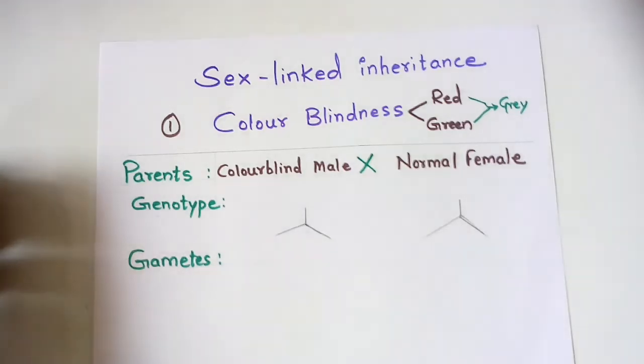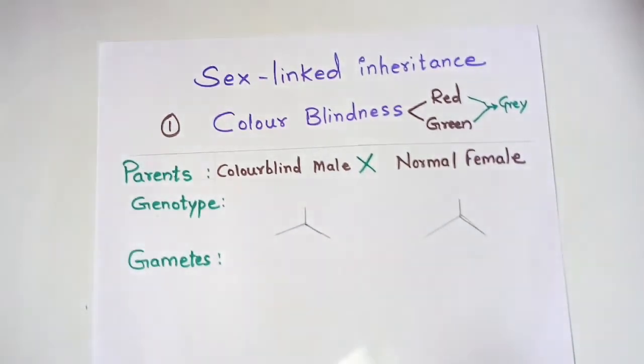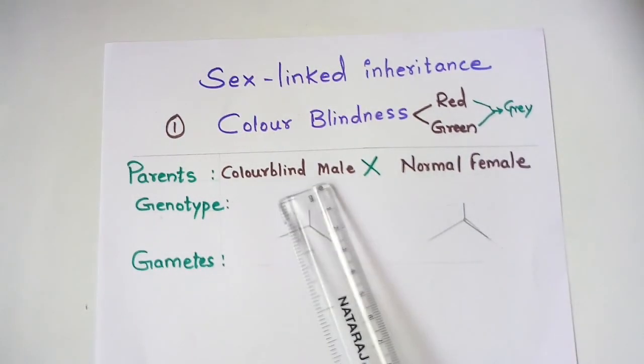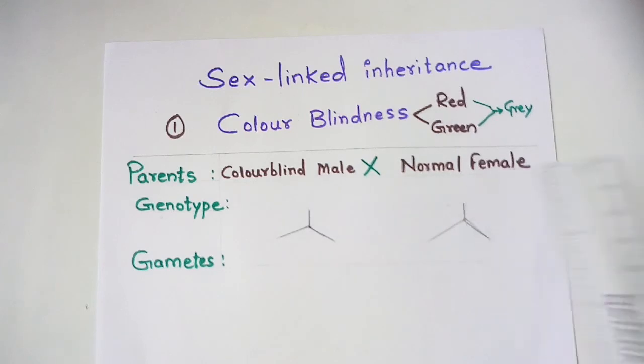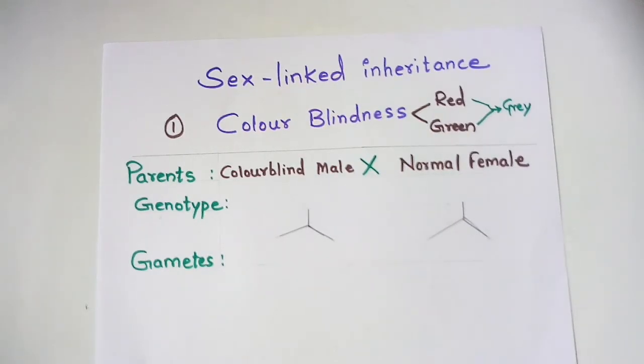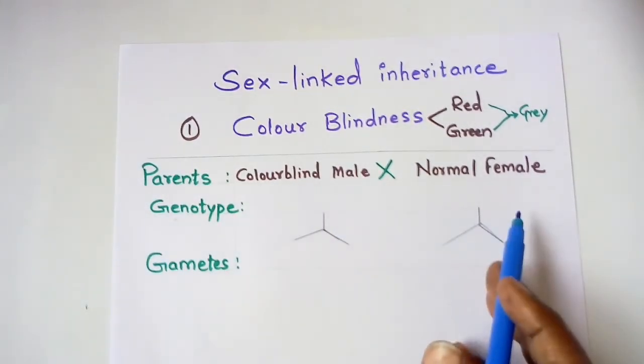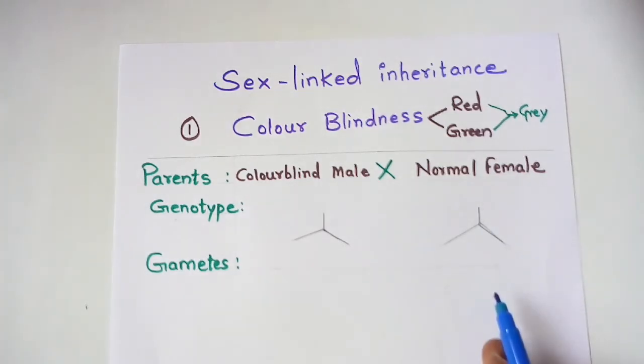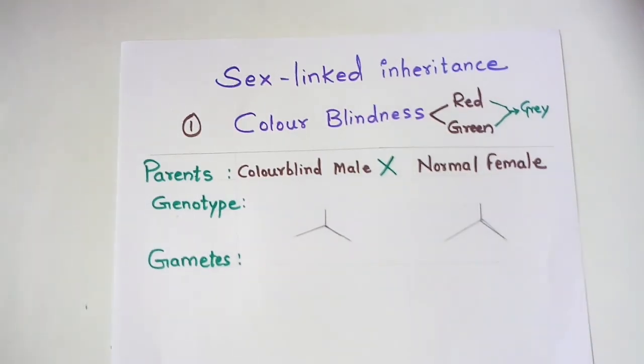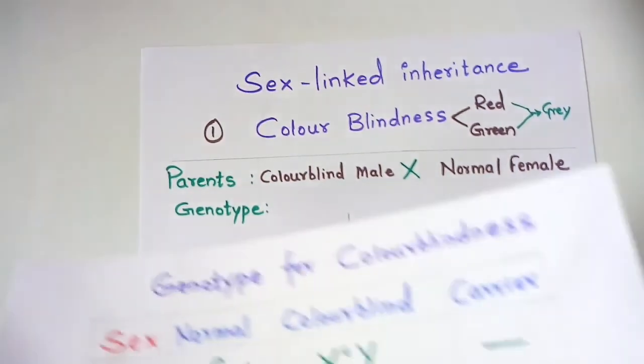So in the first cross, the parents that we are choosing are a color-blind male and a normal female. When marriage takes place between a color-blind male and a normal female, what will be their offsprings? For that, we must know the genotypes for the parents.